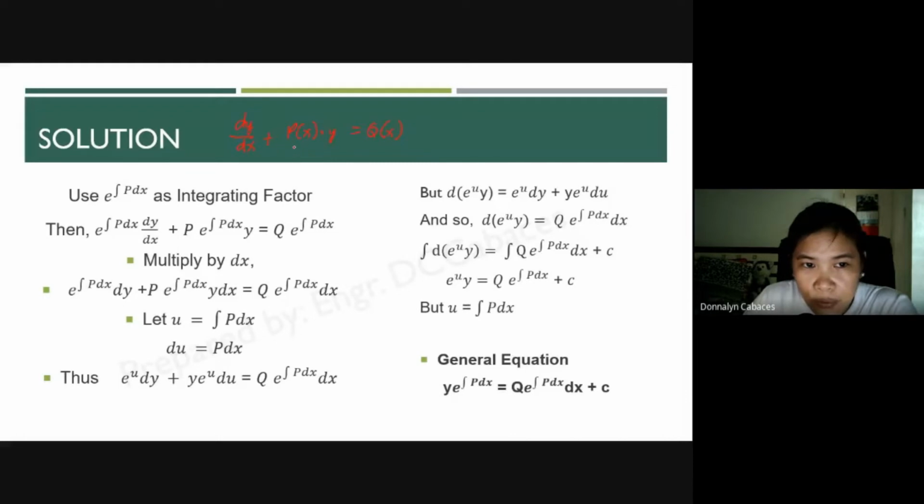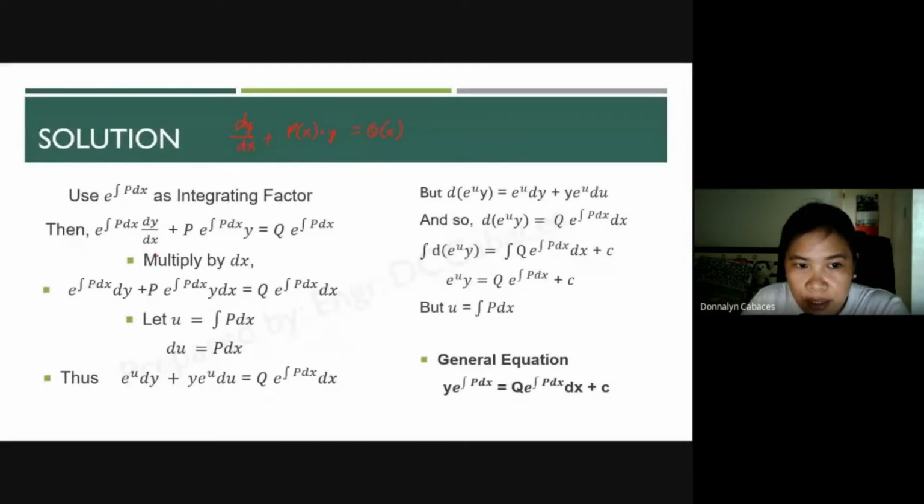You need to identify what is p of x because p of x will be used in finding the integrating factor. The integrating factor is simply e to the integral of p dx. And that integrating factor is to be multiplied to our SLF. This is our SLF. So if we multiply e to the integral of p dx to this SLF, this is now the resulting equation. And then we multiply it by dx.